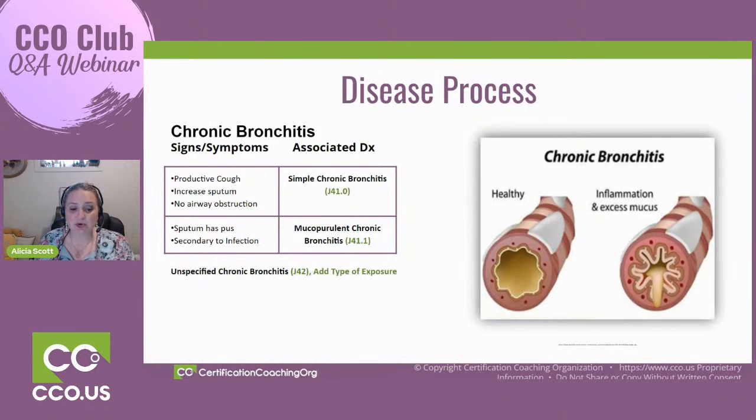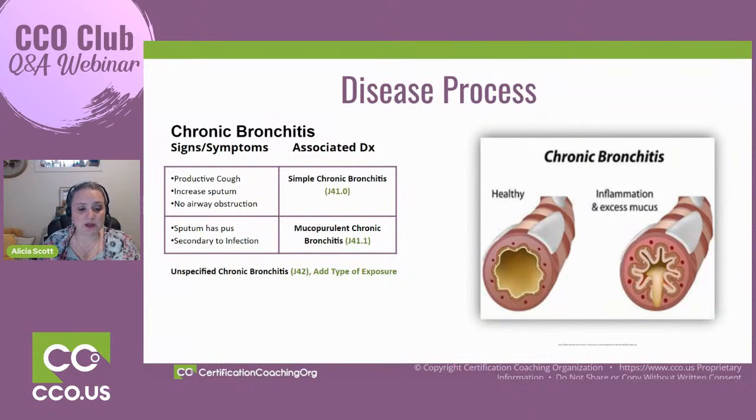We have simple chronic, which would be J41.0, but then we have mucopurulent, and that's J41.1. Now, what's the difference? Let's look. We have a productive cough in simple chronic bronchitis. We do have sputum and there's no airway obstruction though.